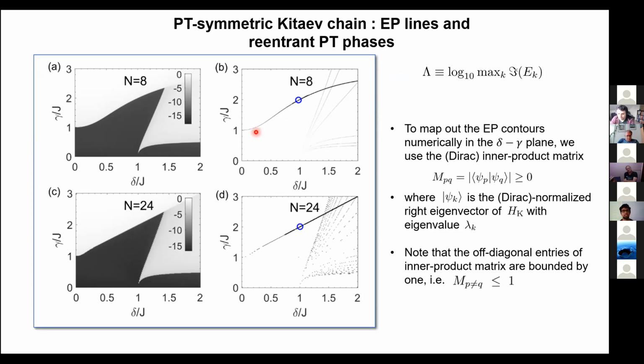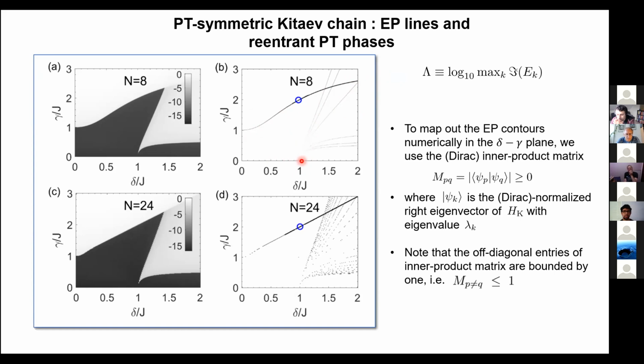These are basically second order exceptional points, but only at delta over J equals 1 you get a third order exceptional point, because the states that participate are the two lowest states in the bands, and also the zero energy state is the one that participates.